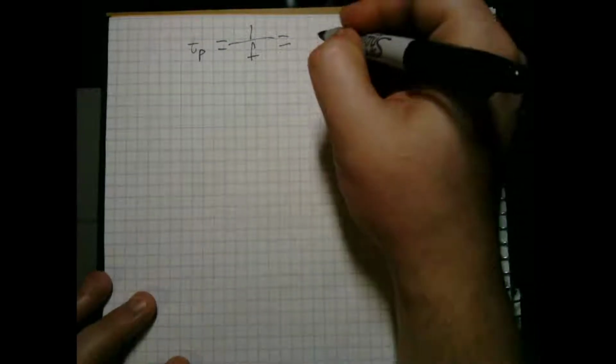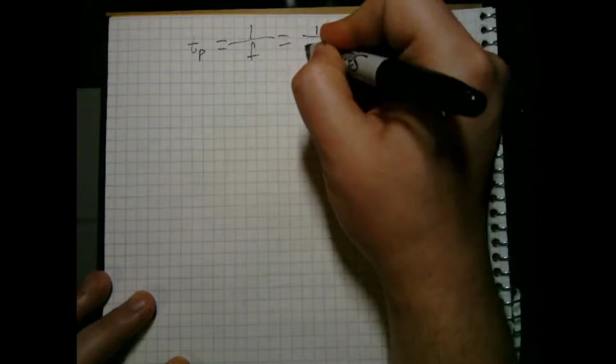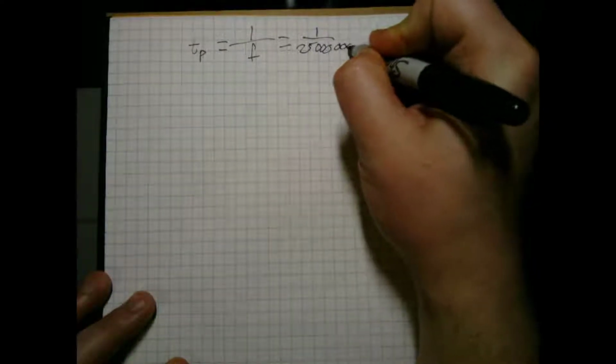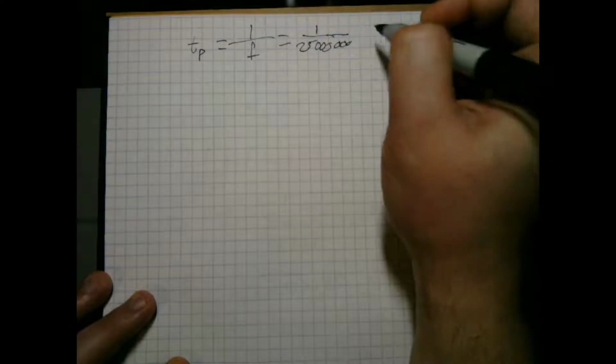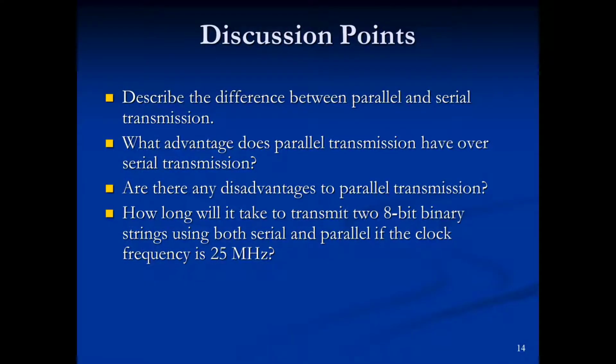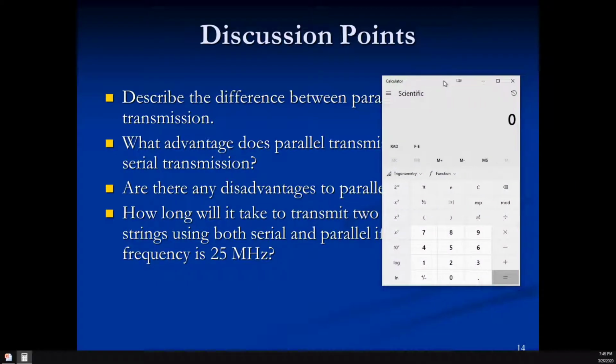They give us a frequency of 25 megahertz, so 25 million hertz. Then if we go back to our calculator and divide 1 by 25 million, we get a 4 with 7 zeros in front of it.